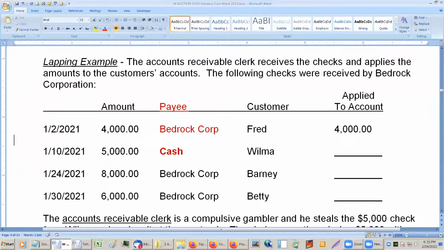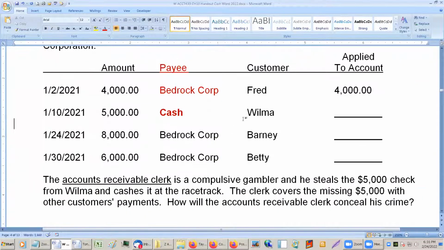The next payment that comes in, I'll take some of that money and pay off Wilma's account. That gets Wilma off my back. So applied to the account 0. But now there's owed 5,000.